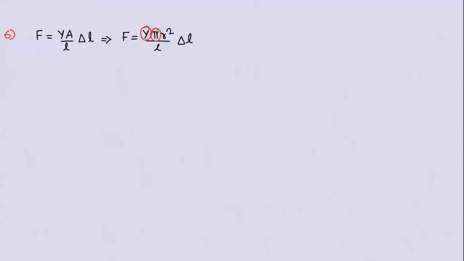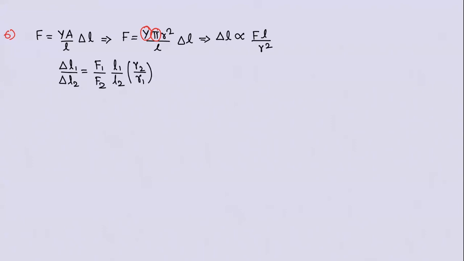That implies delta L is directly proportional to F into L by R square. So delta L1 by delta L2 is equal to F1 by F2, L1 by L2, R2 by R1 whole square, because R is in the denominator.